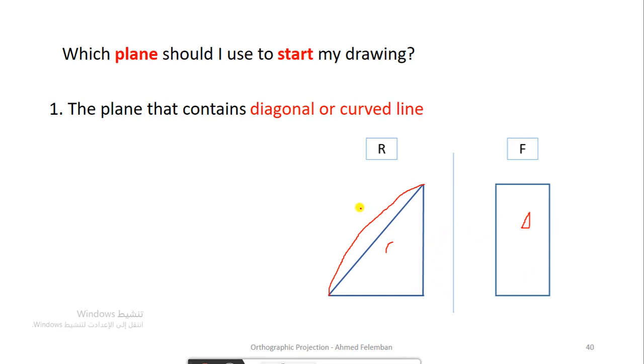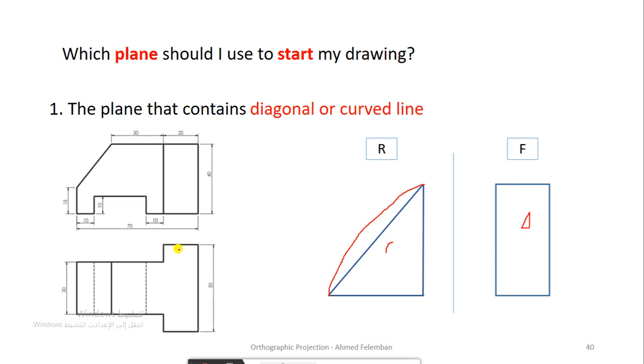If it's straight in both the front and the right, it doesn't matter. But if one has a diagonal line, choose that view. Suppose we have a question: should I start from the top or from the front?